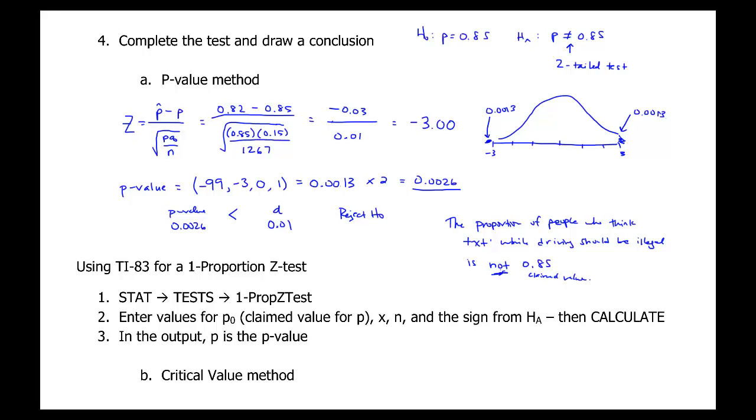Since we reject the null hypothesis, you can say that the value is not the claimed value from the null hypothesis. So that's another way to write it other than what your book gives you as examples.